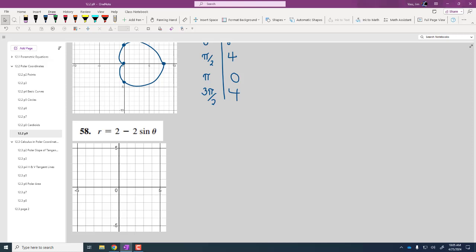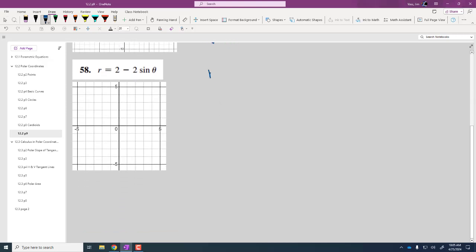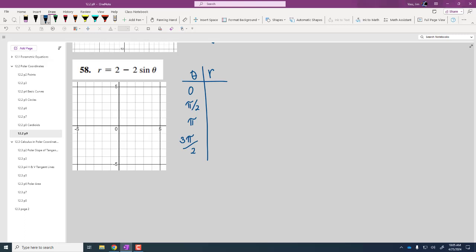Sine is the y value, cosine is the x value. It works, right? It communicates the message.